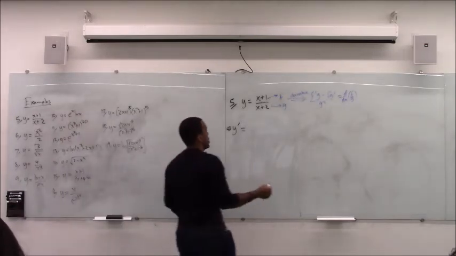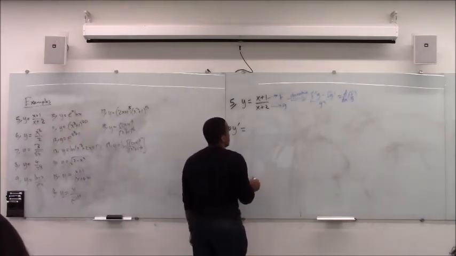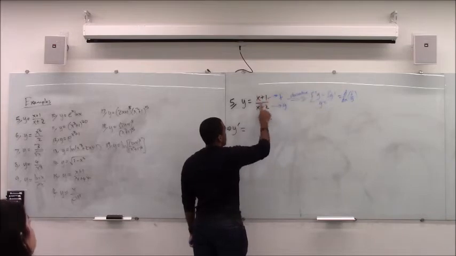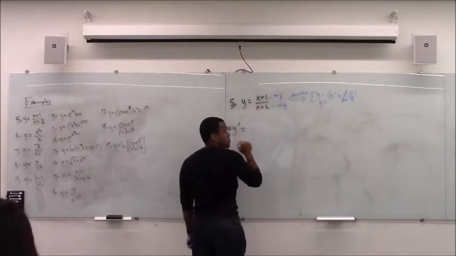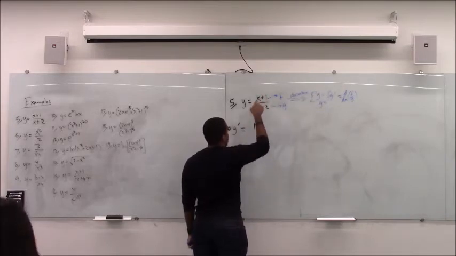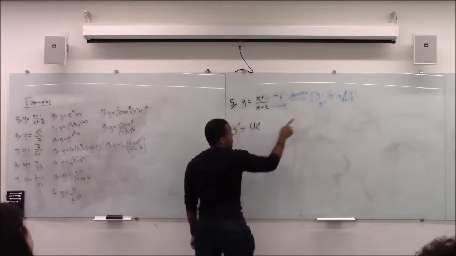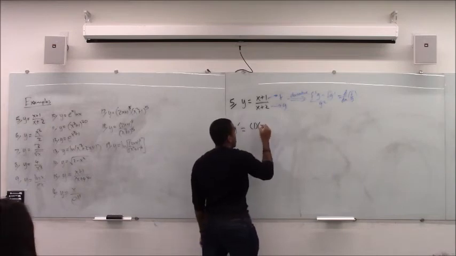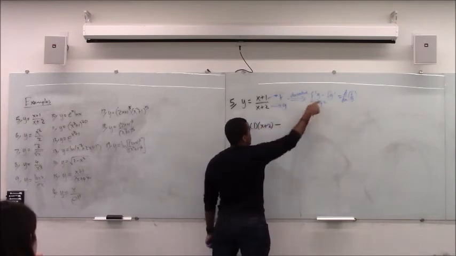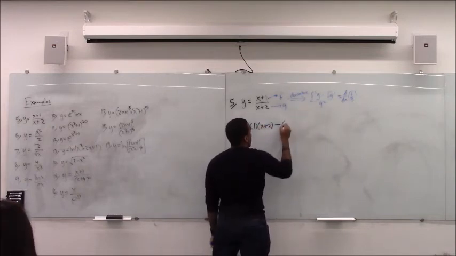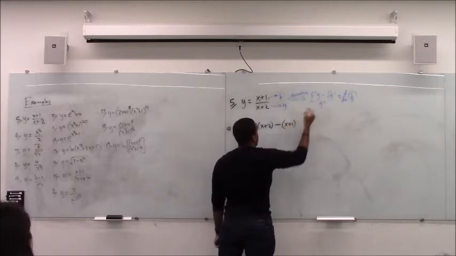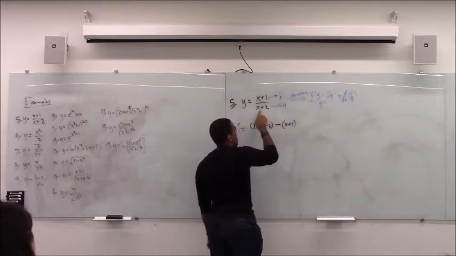So, what is f prime here? 1. So we know how to differentiate x. That's 1. Derivative of 1 is 0. Times g. And our g is just the x plus 2. Minus, now I leave the f alone, which is x plus 1. Then I multiply by the derivative of g, which is?